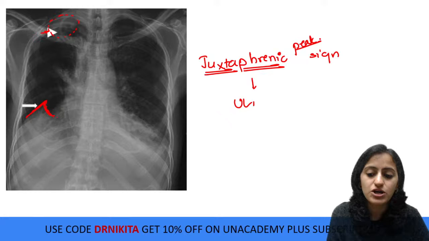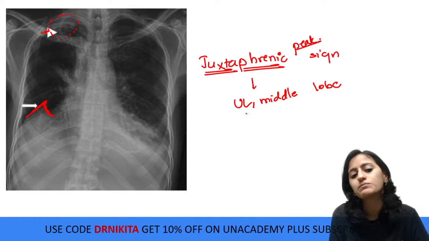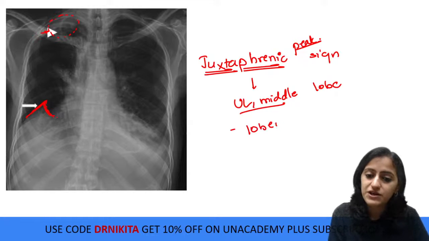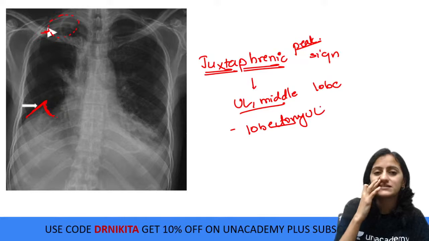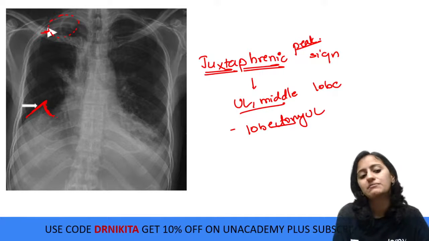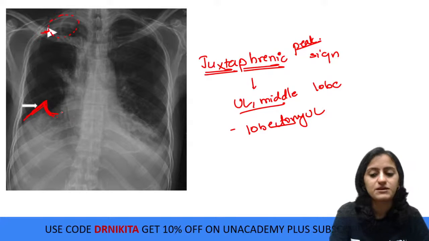So it is seen in upper lobe or middle lobe collapse, or even after a lobectomy, post upper lobe lobectomy. The peak like thing that you see here is the juxtaphrenic peak sign.